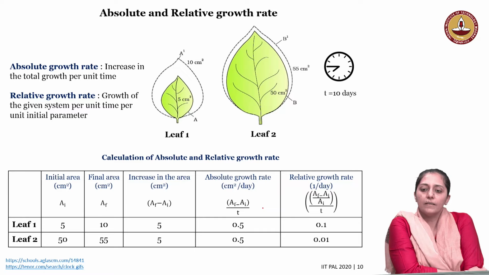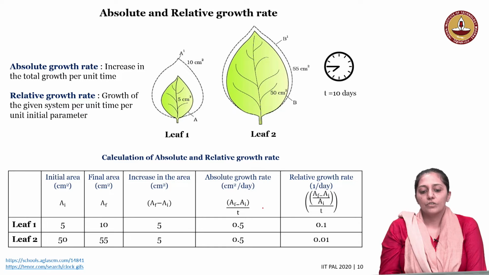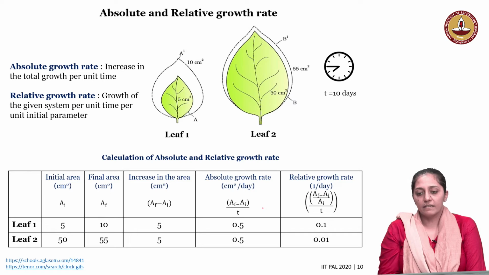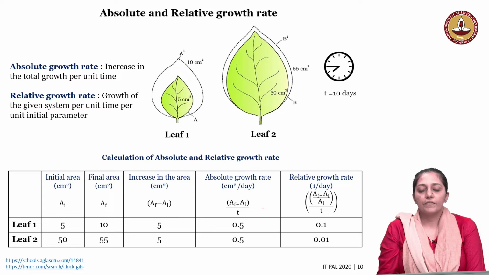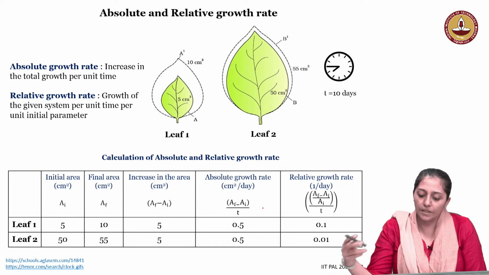As I mentioned earlier, this is the increase in the area, in this case, per unit time. The difference is the same in both the cases, leaf 1 and leaf 2, which is 5, and this happened in 10 days. So, your absolute growth rate would be 0.5 centimeter square per day, isn't it? As shown here.